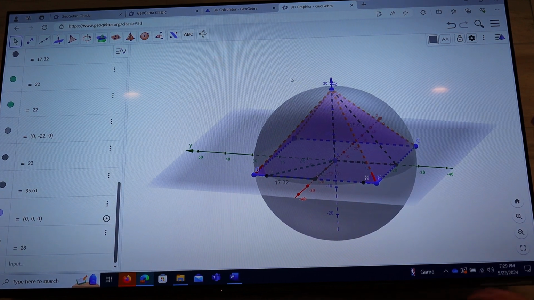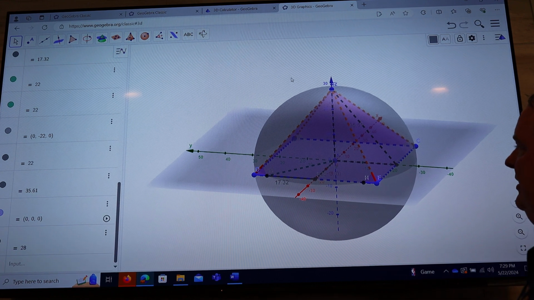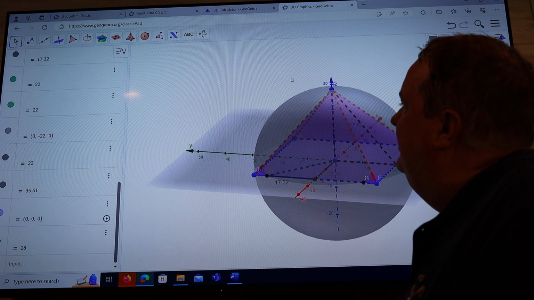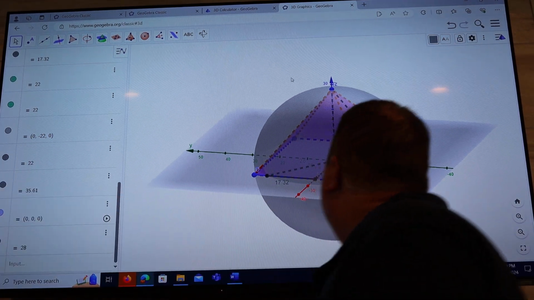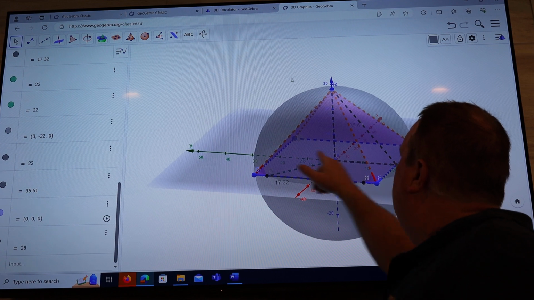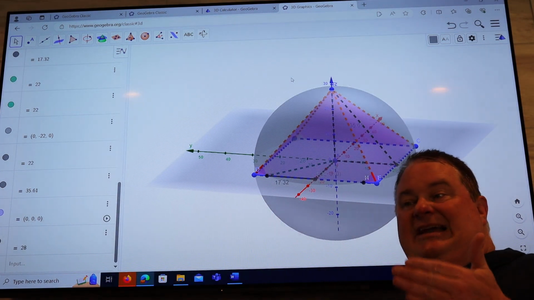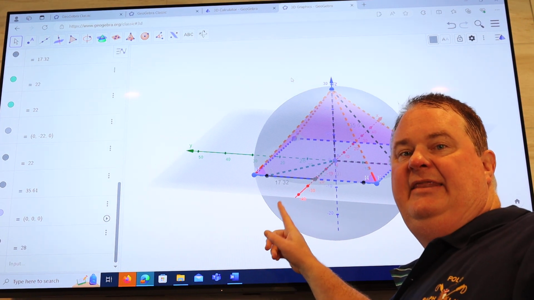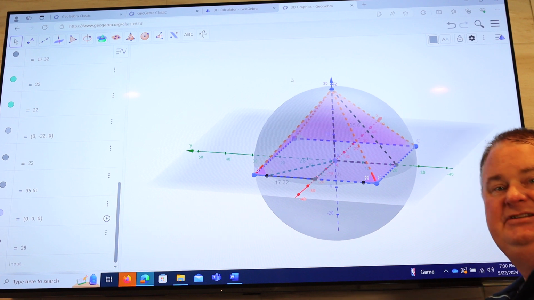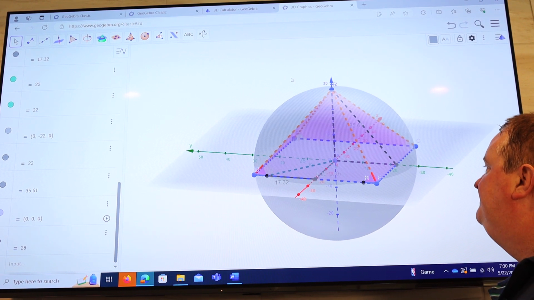So, here's the thing. Here is the pyramid. As you can see if you look over here, it's 22. So if you go 22 and 22, that distance is 44. So I'm going to say times 10, that's 440. And that was actually the distance that they used in cubits.